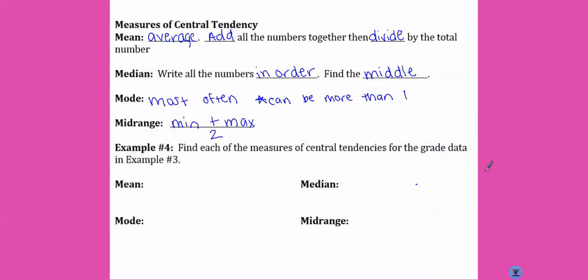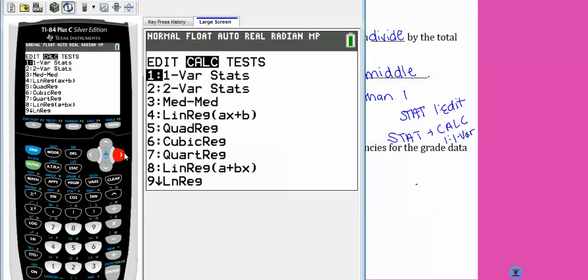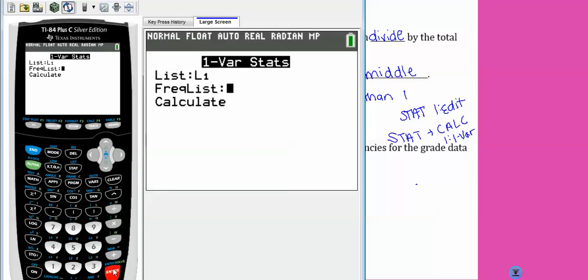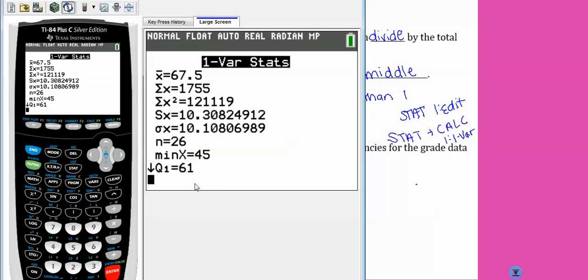So Stat, choose 1 for Edit, and then we're going to do Stat, go over to Calc, and we're going to choose number 1 that says 1-Var Stats. Enter, enter, enter, enter. And I got this big long list of numbers.